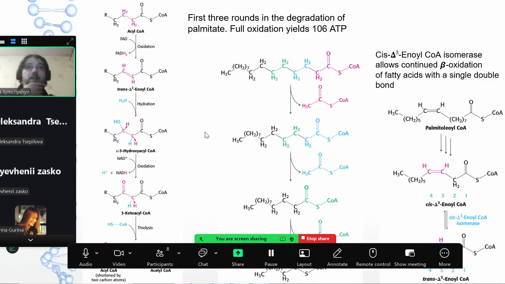Of course, there may be certain caveats if we consider that fatty acids can be a little bit different. Sometimes they may have some double bonds, and of course that will be not really good if our enzymes are not capable of doing something with those double bonds. So we should have certain mechanisms to fix that problem.